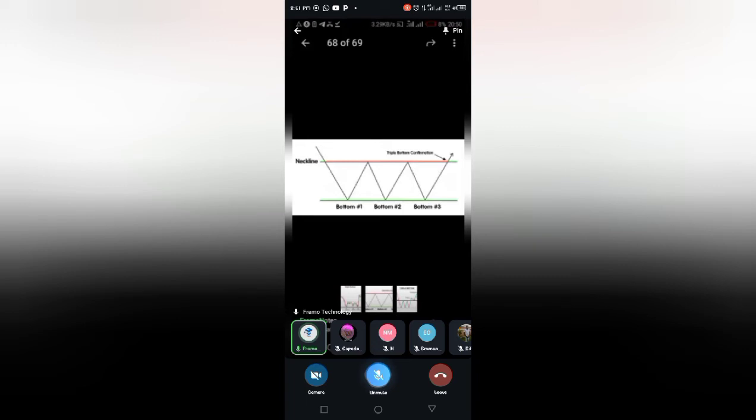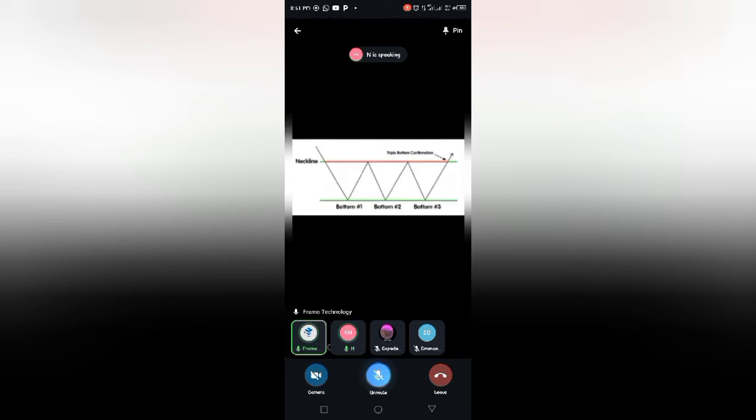So here is the same as the double bottom. Your entry is on the neckline. You put your stop loss on the resistance. Once there is a retracement, you bring your stop loss back on the retracement. You measure your take profits, which will be the same distance as your support resistance.